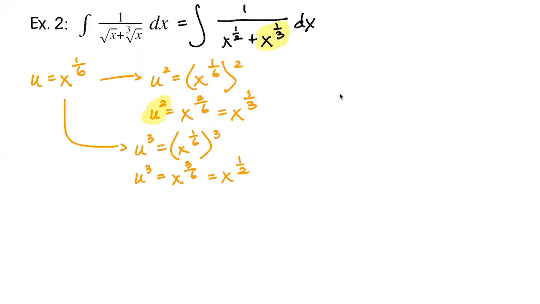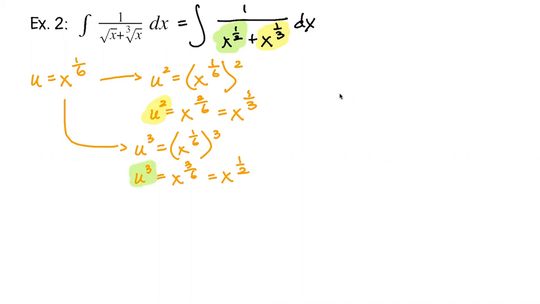And so that means that everywhere I see this x to the 1/2, I can replace it with u cubed. So just like you guys, most mathematicians would prefer not to work with fractional exponents if they don't have to. So this is kind of a way to get around that, okay?